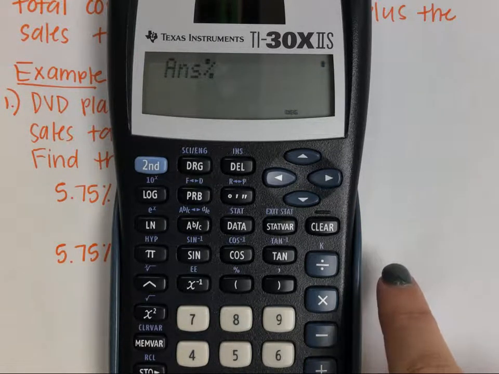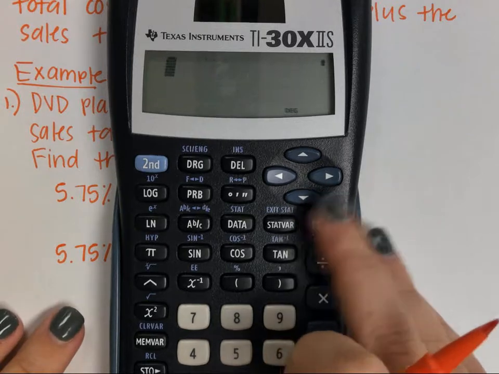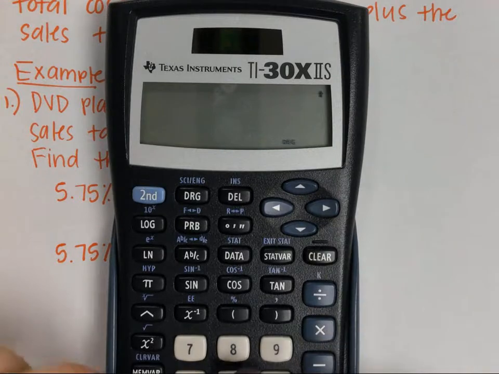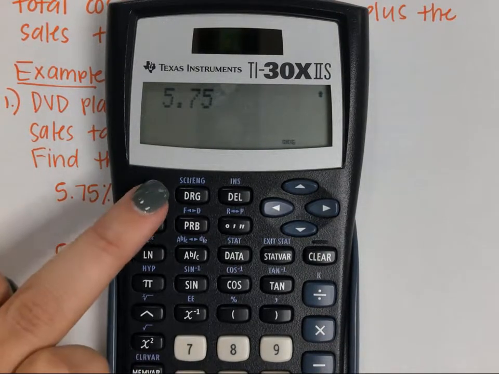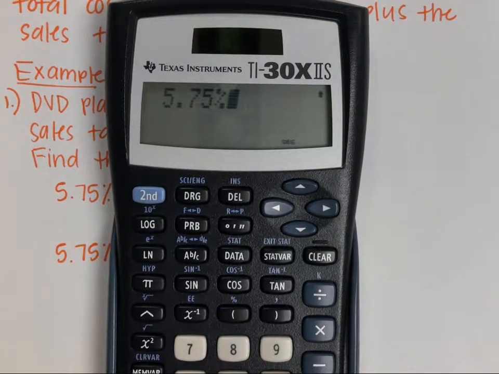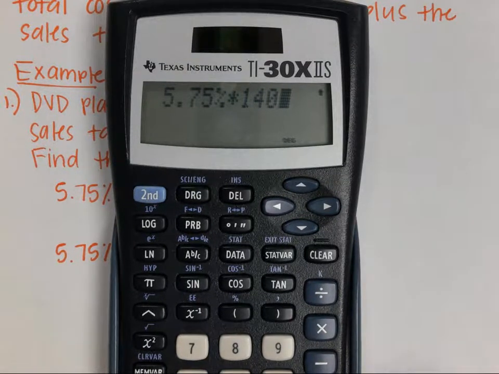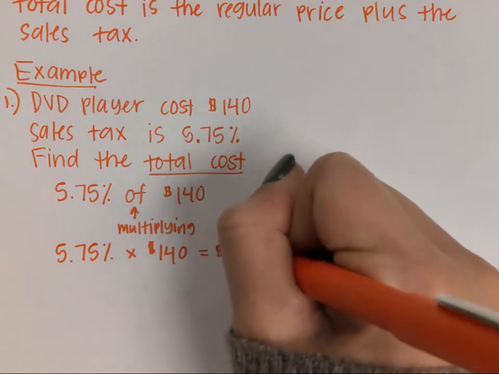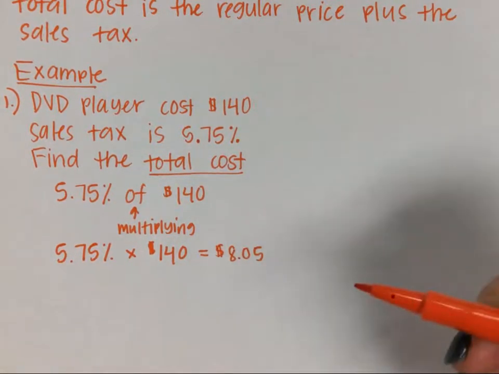So how we're going to plug this in our calculator is we're multiplying 5.75% times 140. So 5.75, second parenthesis, times 140. My answer is $8.05. So that tells me that the sales tax that I'm paying is $8.05.